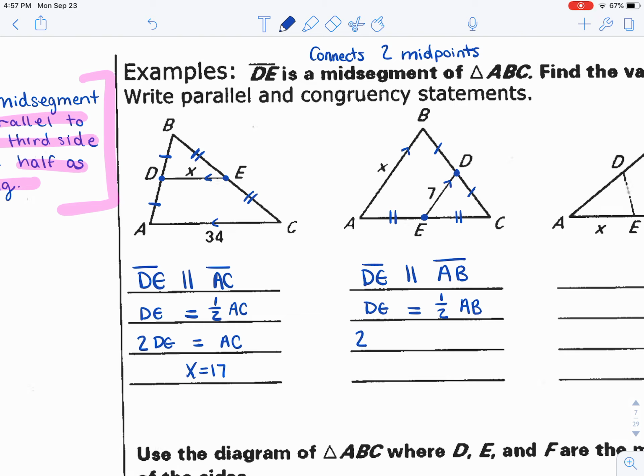So 2 times our midsegment will equal our third side, AB. So we have all of these statements and we need to solve for x. Well, 2 times DE, well, DE is 7 units long, will give us x. So, using that logic, x is 14.